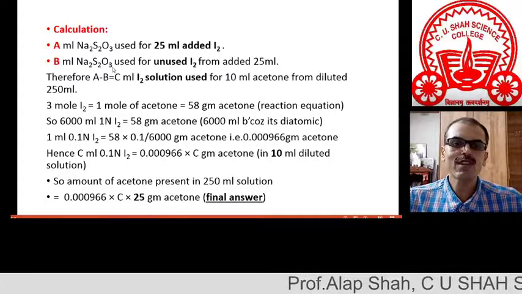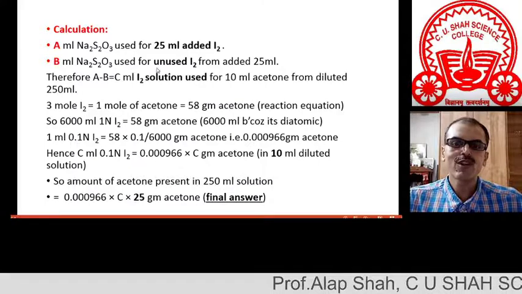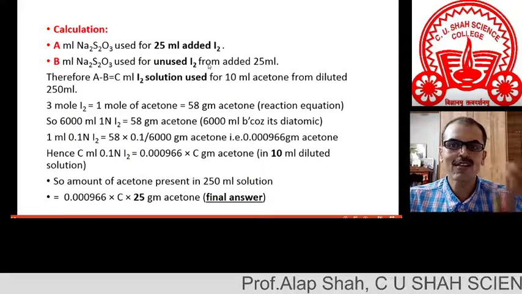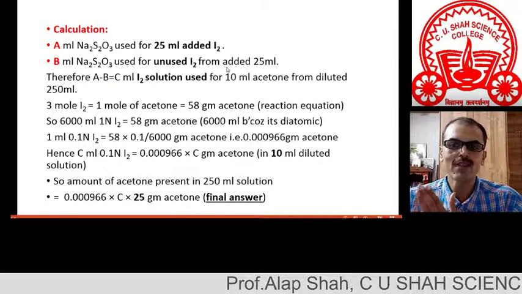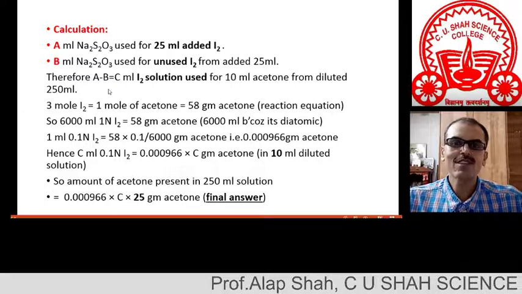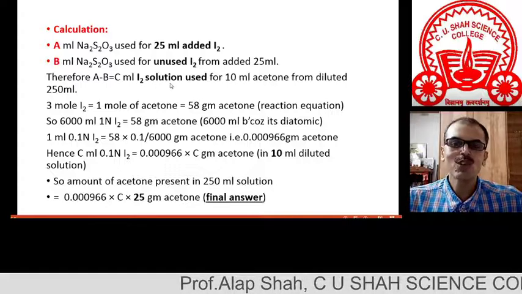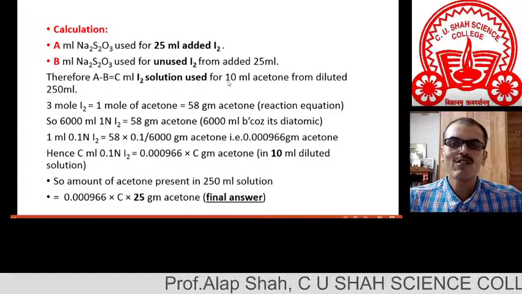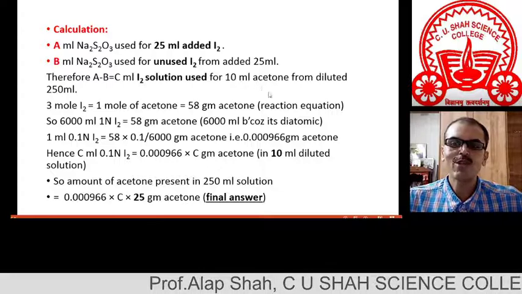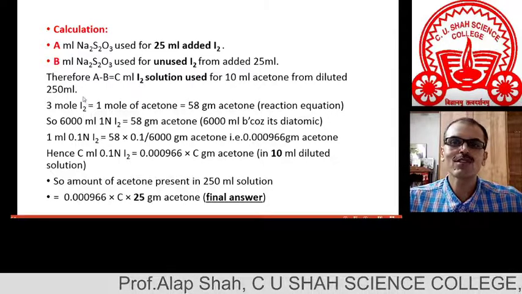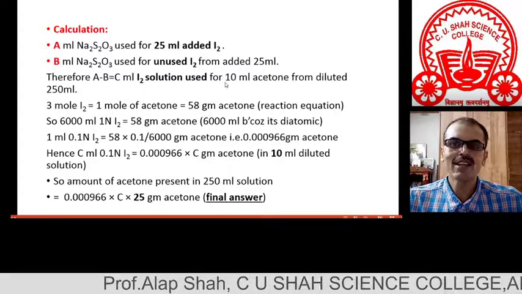B ml sodium thiosulfate is used for the unused I2, which is the remaining I2 after the iodoform reaction takes place. So their difference, A minus B equal to C, is the I2 solution actually used for the 10 ml diluted acetone solution from the 250, because earlier it was 250 but we have taken 10 ml.